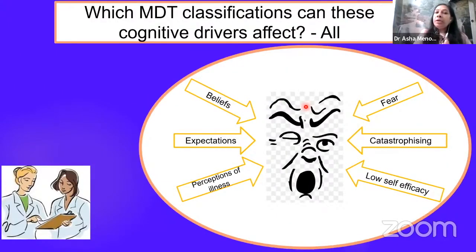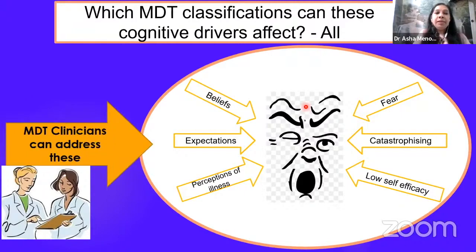Would the cognitive drivers affect all of the MDT classifications? Yes, the beliefs, expectations, perceptions of illness, fear, all these could affect any of the classifications, whether derangement, dysfunction, postural syndrome, or even the other subgroup.